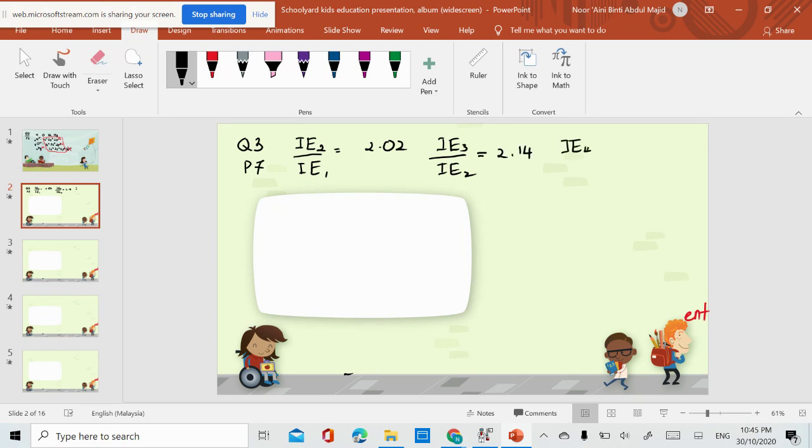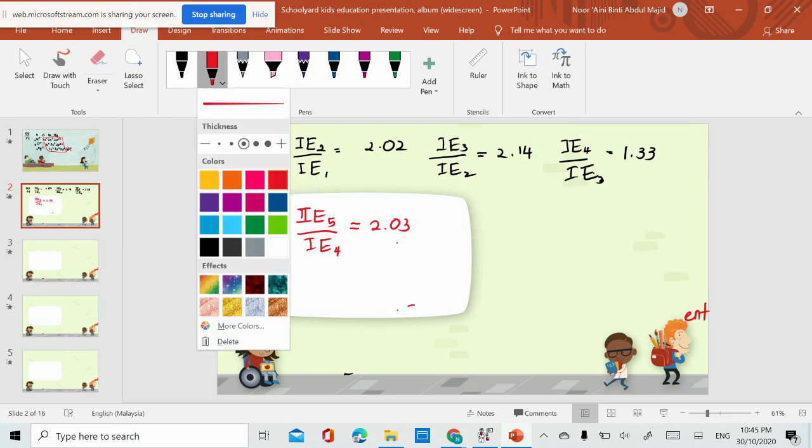IE4 over IE3 was 1.33. IE5 over IE4 equals to something around 2.03.